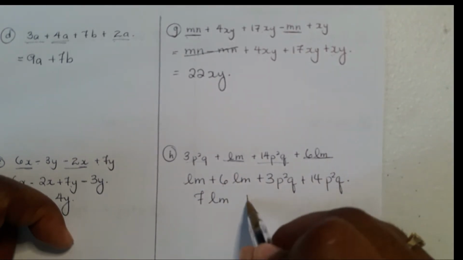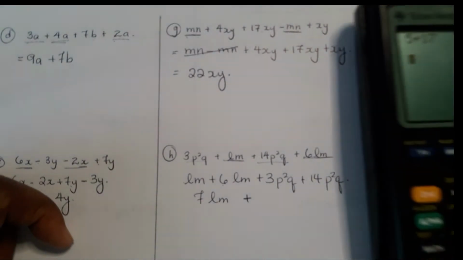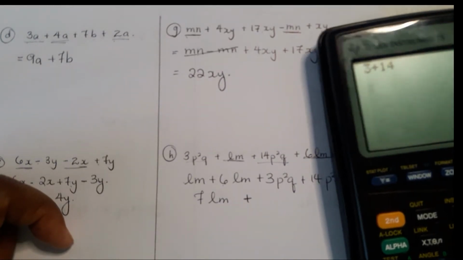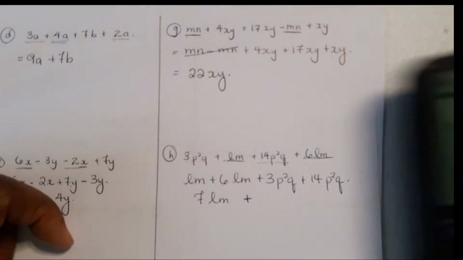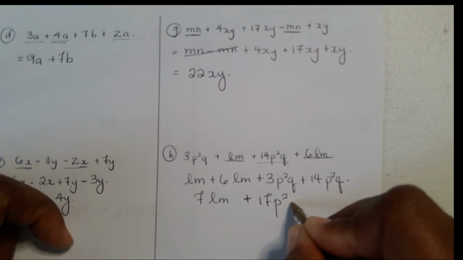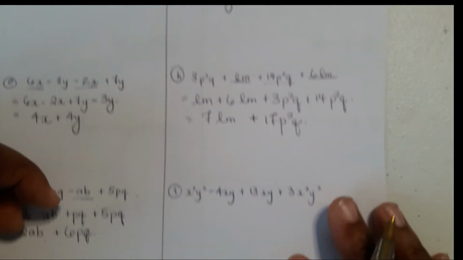These are all positive, so we add, and we say 3 plus 14, if you don't know, it's 17. So you could put it in here. So 17, and don't forget your variables, p squared q equal, right?